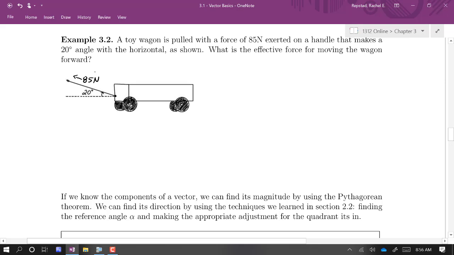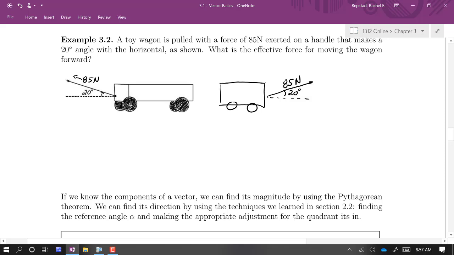But if we got up and walked around to the other side of the wagon, it would look like this, and we could treat it as a first quadrant vector if we like.